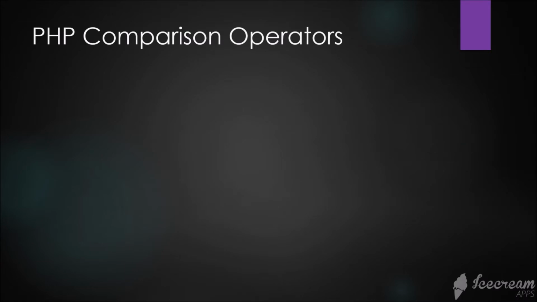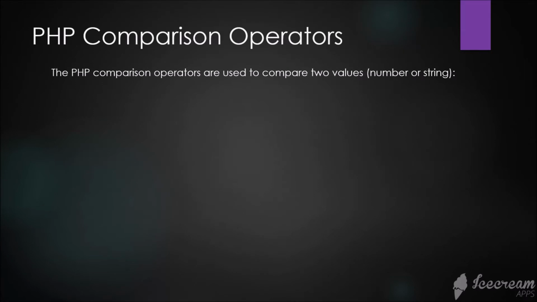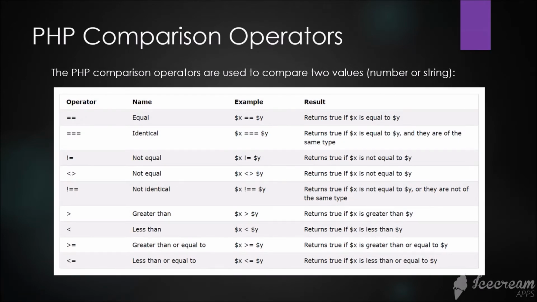Okay, so next is PHP Comparison Operators. The PHP Comparison Operators are used to compare two values, number or string. So we have here our sample operators. Let's start with the equal sign, double equal. It will check if the value of x and y is equal.